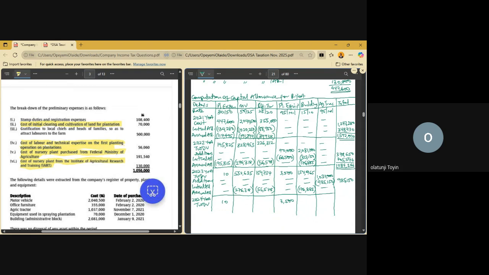For the first one, second one, 276,317. That is motor vehicle.